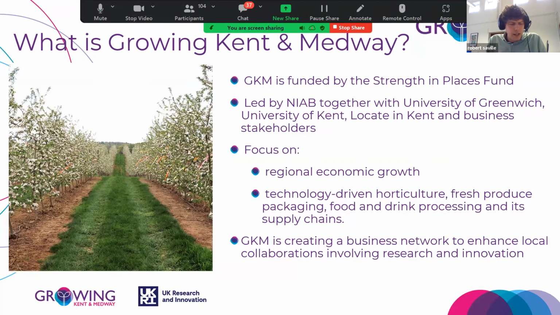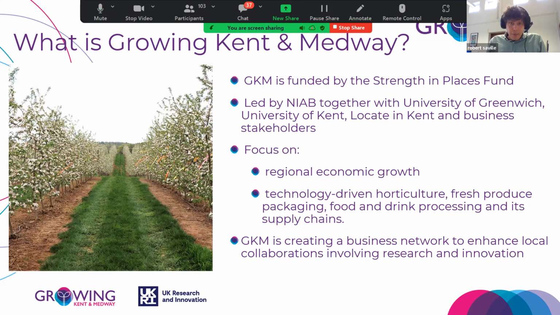In the case of Growing Kent Medway, we are building on the region's existing strengths in horticultural and plant-based food and drink research. And although our programme is focused in Kent and Medway, we do want to become a place where UK or international people will look to serve this research area.